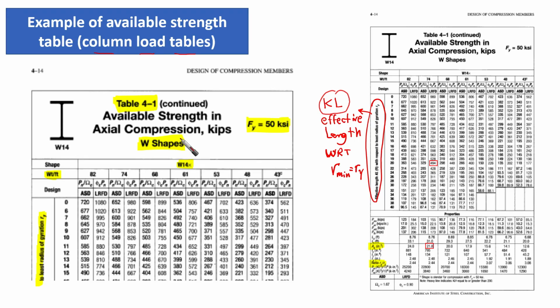So you can stop the video now and go to your manual and open Table 4-1. This is for wide flange shapes, for example, and for F yield equal to 50. You are going to find that the tables are provided, and in the left column we give you the effective length with respect to the minimum radius of gyration, which is ry, because this is x, and here this is y.